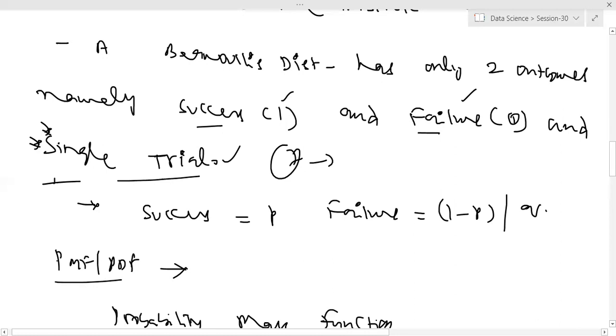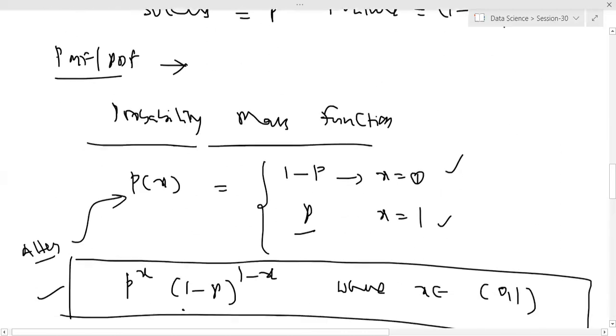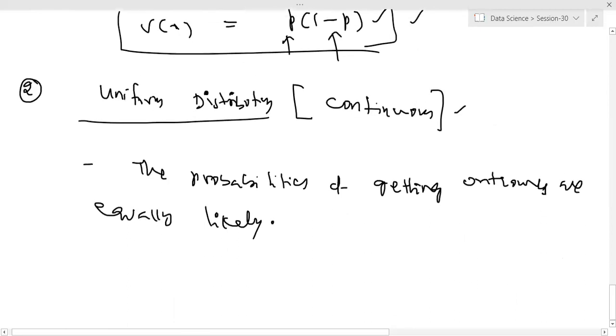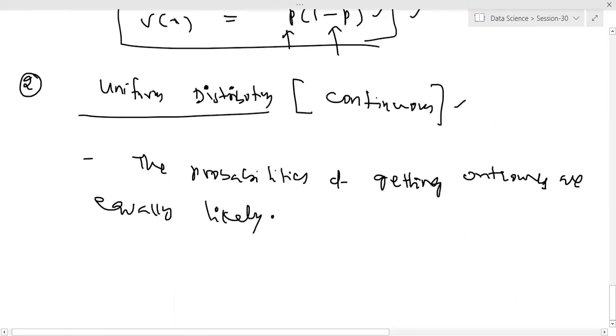So these all belong to the category of the Bernoulli distribution. The reason behind this is that in a single trial, the success or failure is completely independent. They are not equally likely. There are chances of getting success or failure. Whereas in the uniform distribution, there is a distinction.